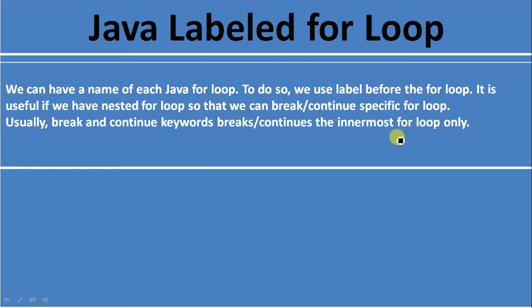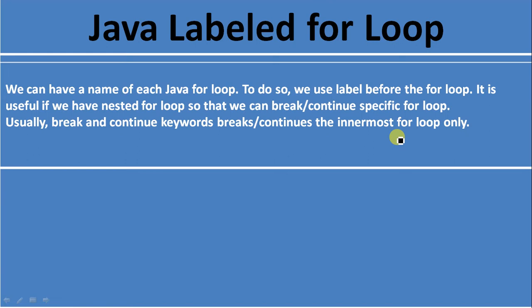Basically when we are using an inner for loop, if we want to take more control over the for loop, we give a name to the inner loop or outer loop. So if we want to break the loop on some condition, or continue the for loop in some condition, for that purpose we use a labeled for loop.